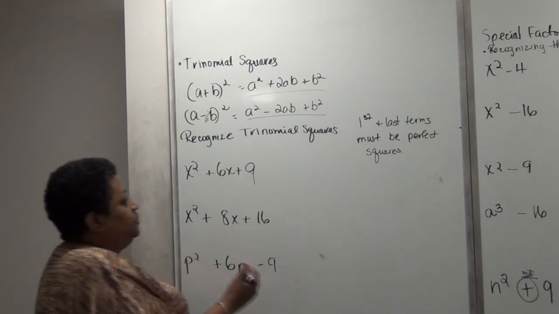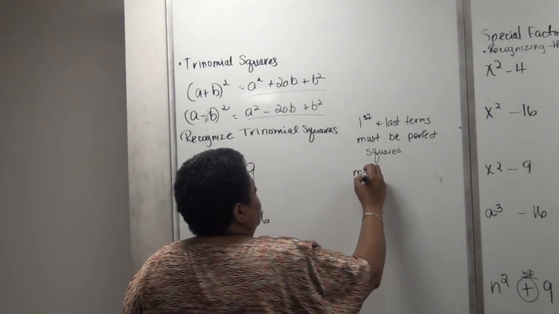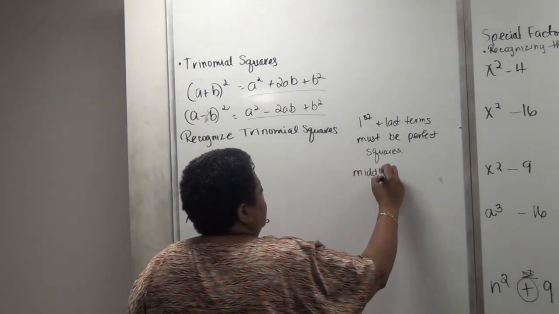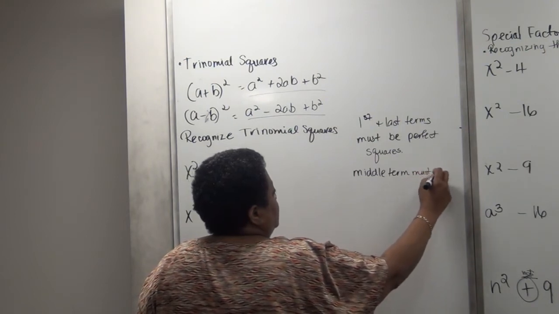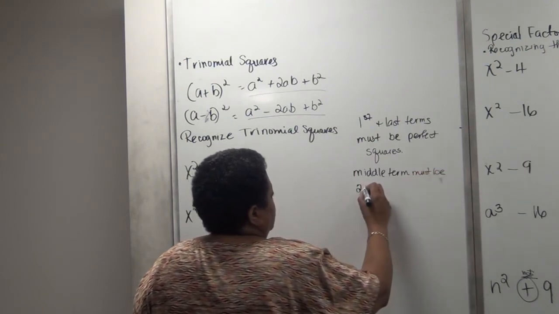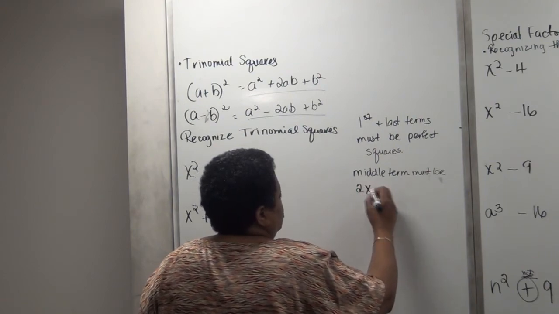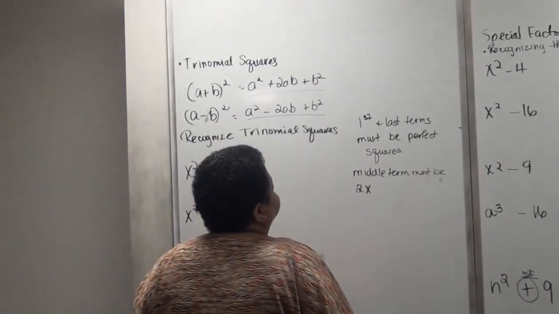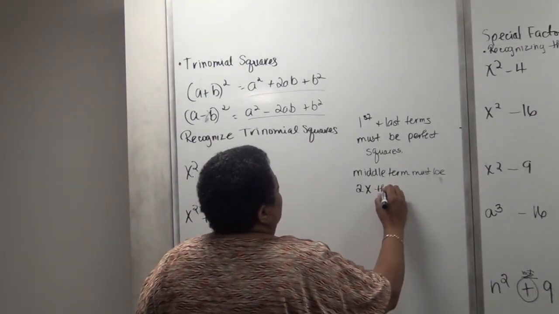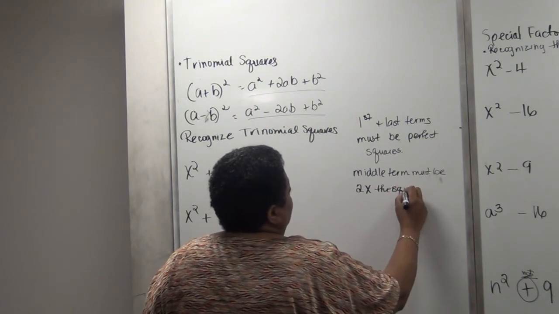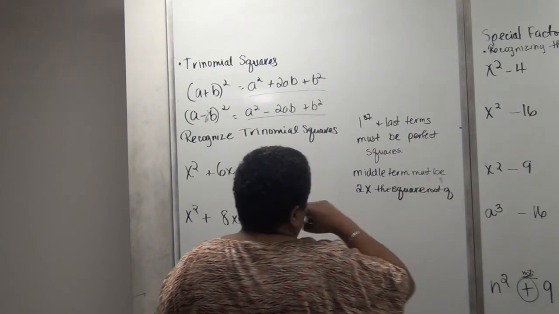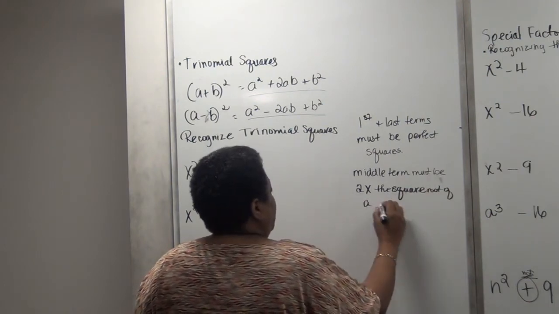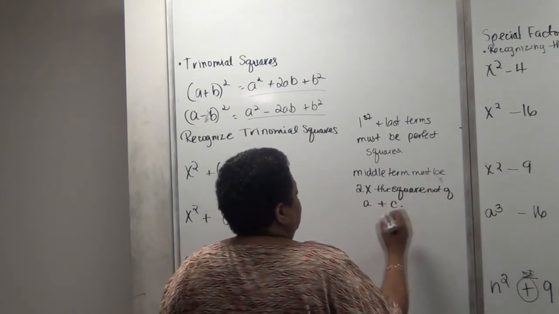Then our middle term must be 2 times the square root of a and c.